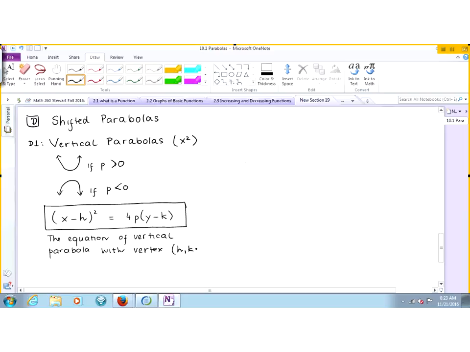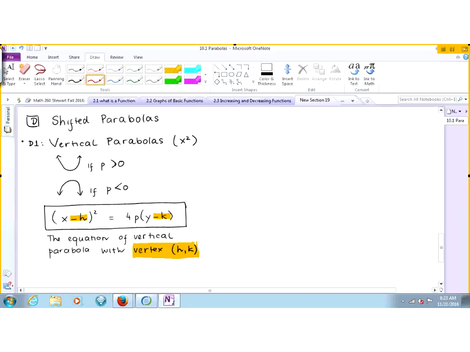You shift it, so you move it. So x minus h, y minus k, and the vertex is h comma k.